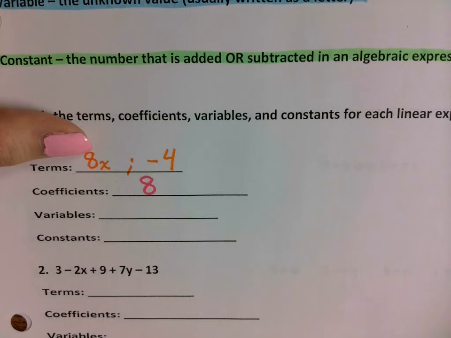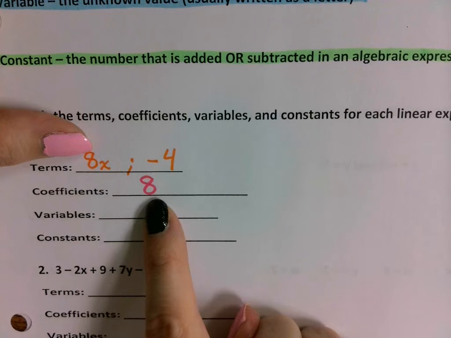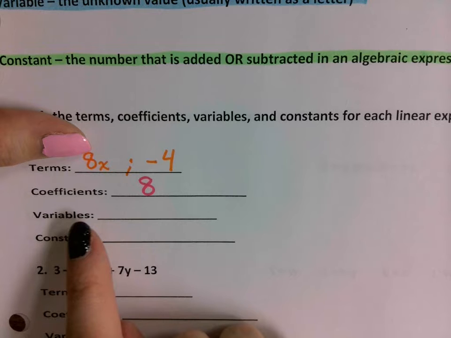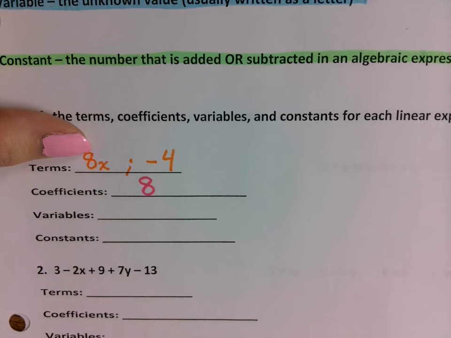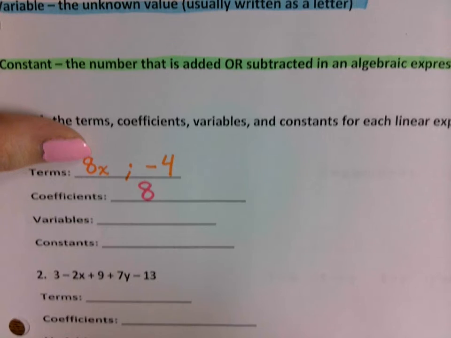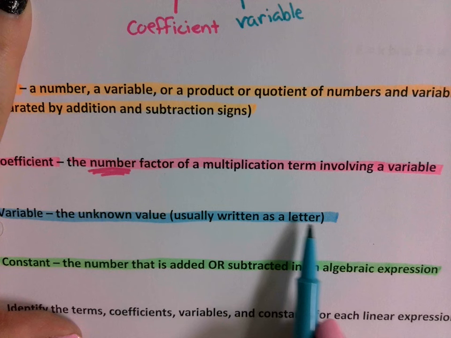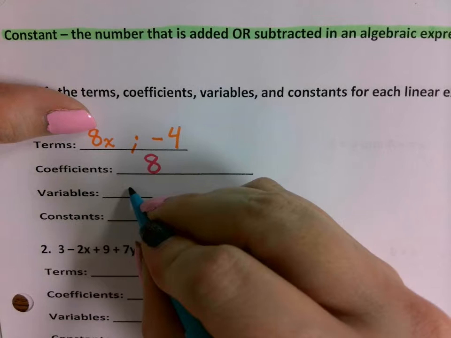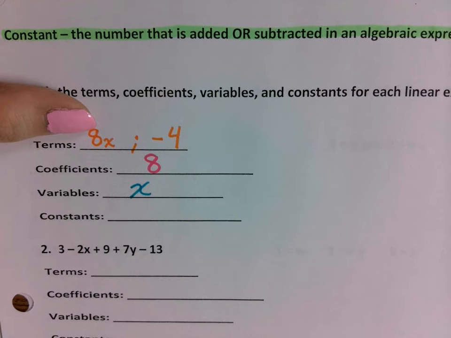What value or term or something up here is called the variable? Which one is the variable? Melanie. Look at what the variable means. The variable is usually written as a what? A letter. So which one is it? The x. Okay, the x is our variable.